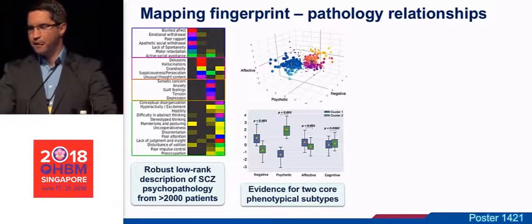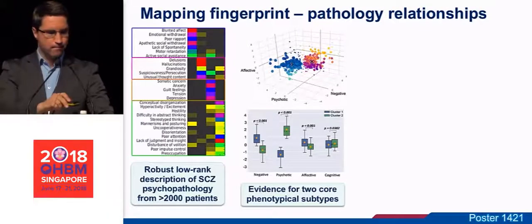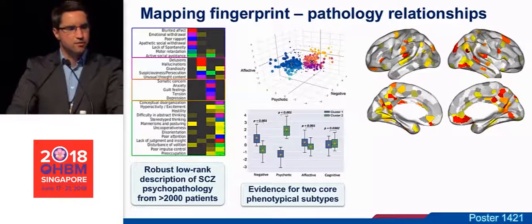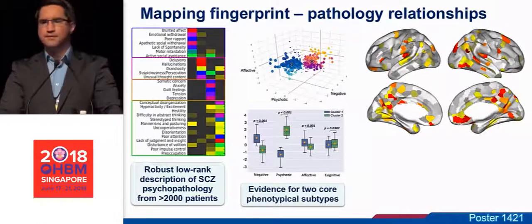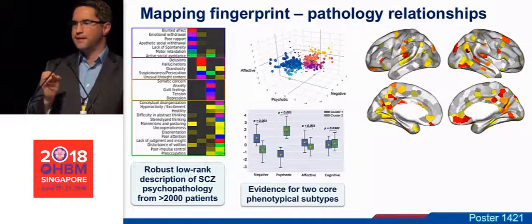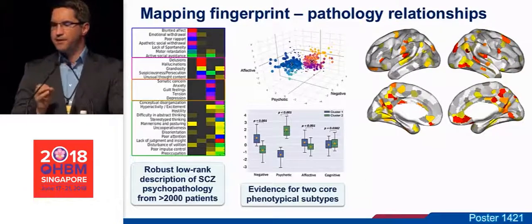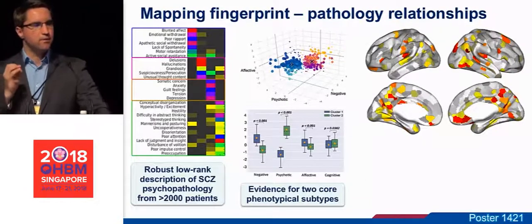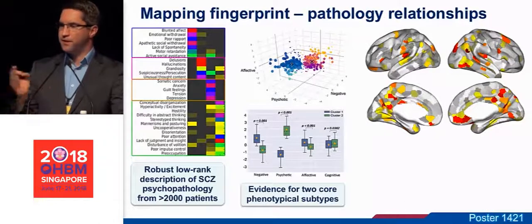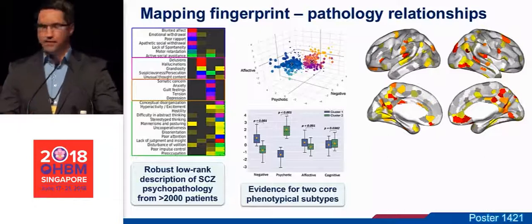Now we went back to the imaging data and did exactly the same analysis that I just showed you. And like for the sex classification, we again found very distinct patterns. There were some areas where the connectivity profile was very well discriminative of the 2 subgroups, the psychotic and the negative one, whereas most of the other areas are not.